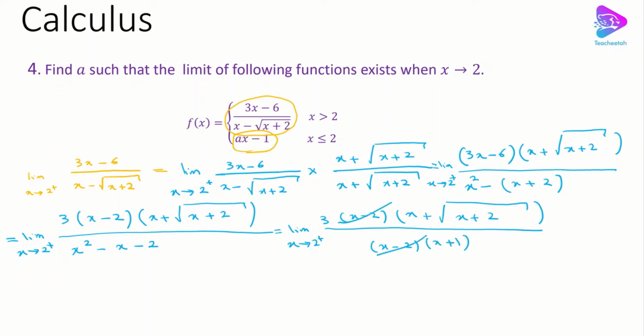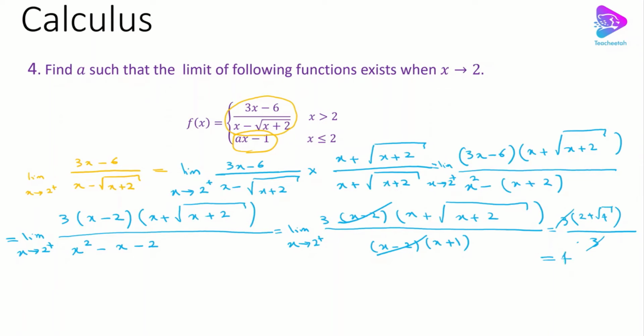This x minus 2 will be cancelled. Now we can plug in 2 instead of x, which results in 3 times 2 plus the square root of 4 over 2 plus 1, which is 3. So this 3 is cancelled, and the answer over here is 4.